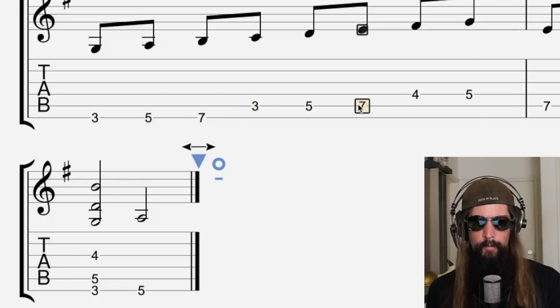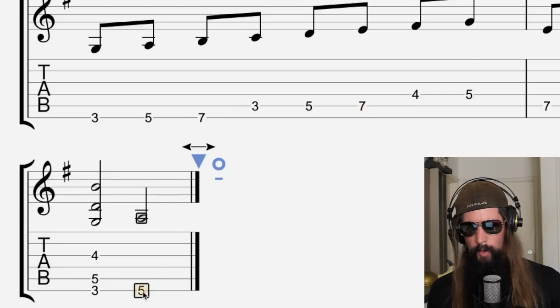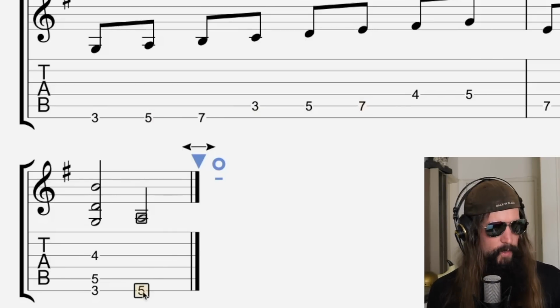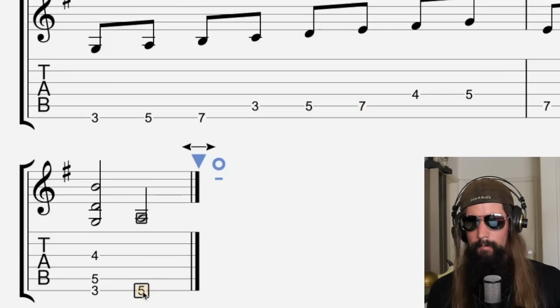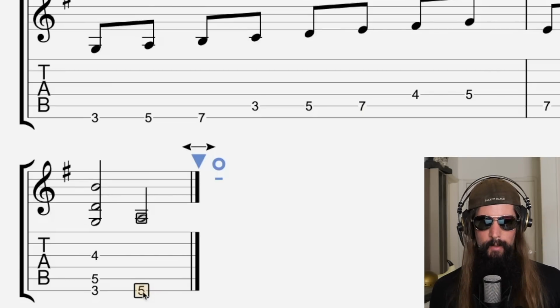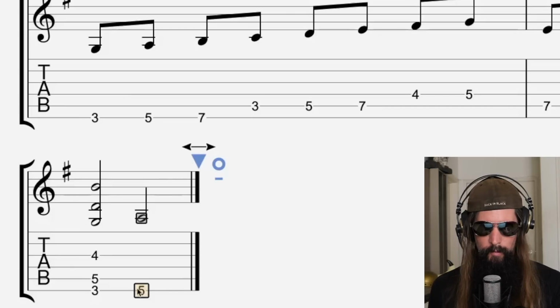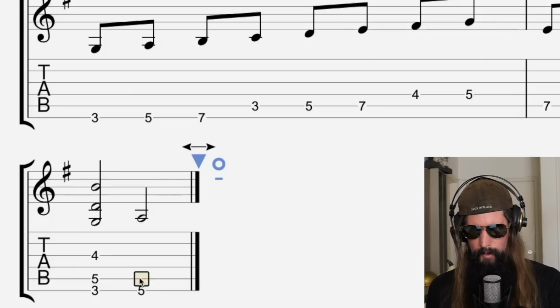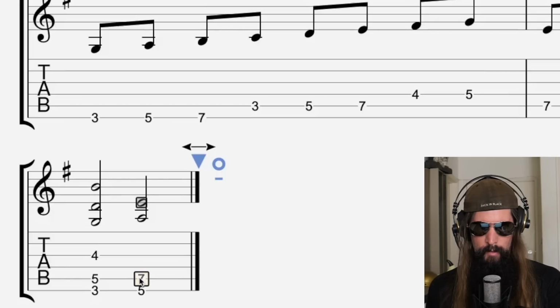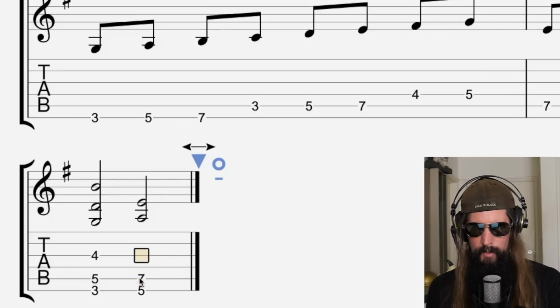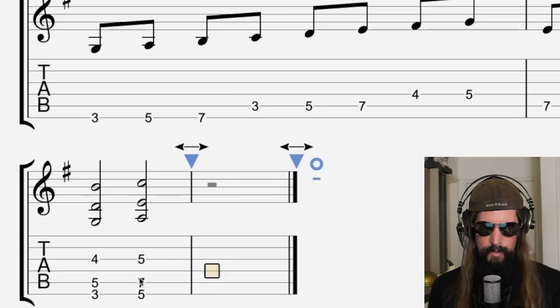You skip every other note in the scale. People ask me all the time, how do I figure out the chords in modes? This is the idea, you're playing every other note from the scale. All right, so A minor is A, C, and E, but we're going to go A, E, C, because that sounds better.